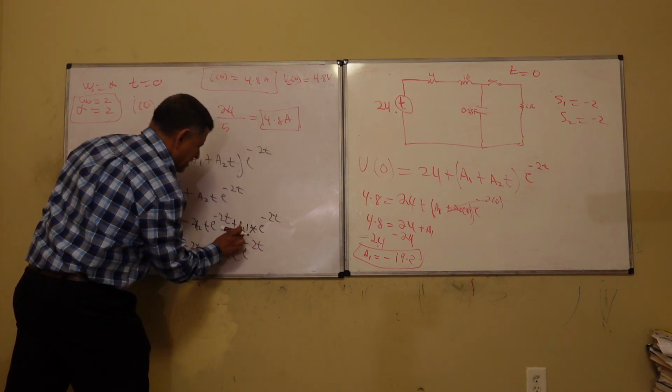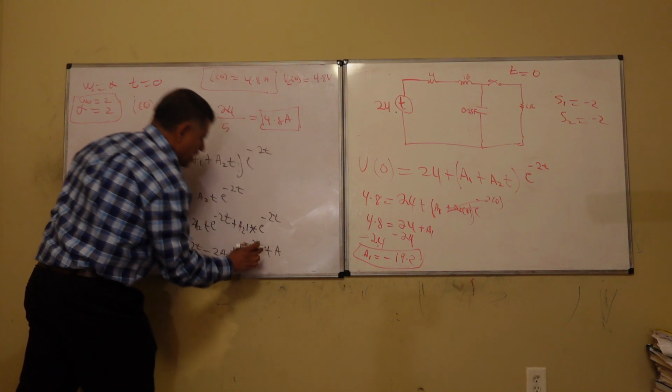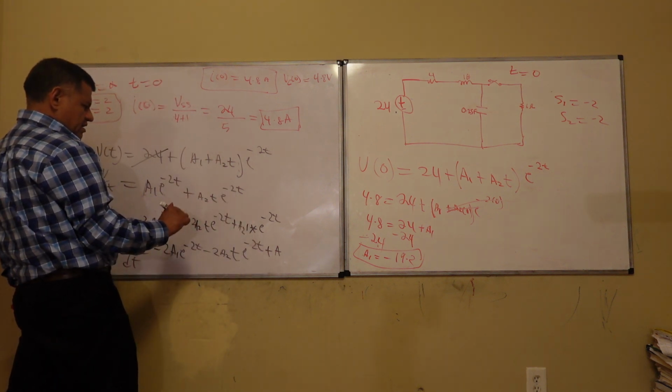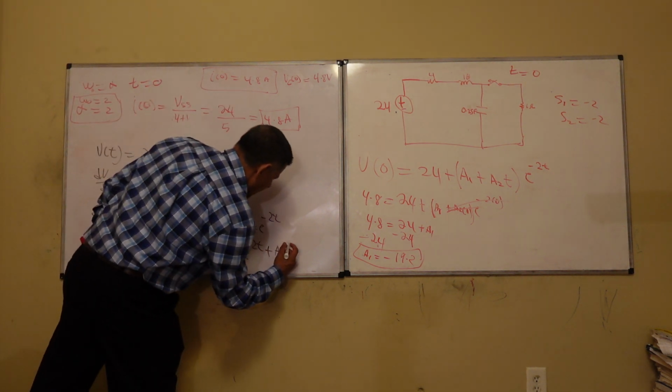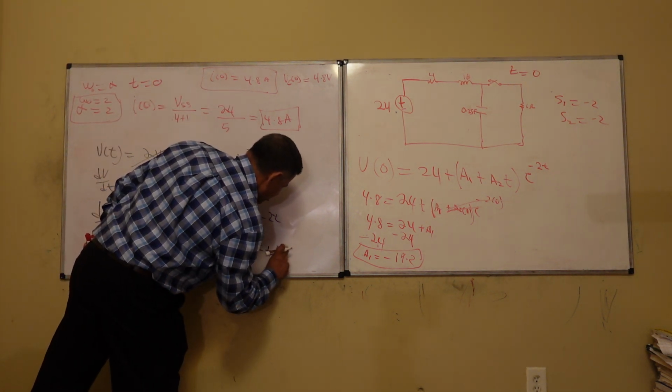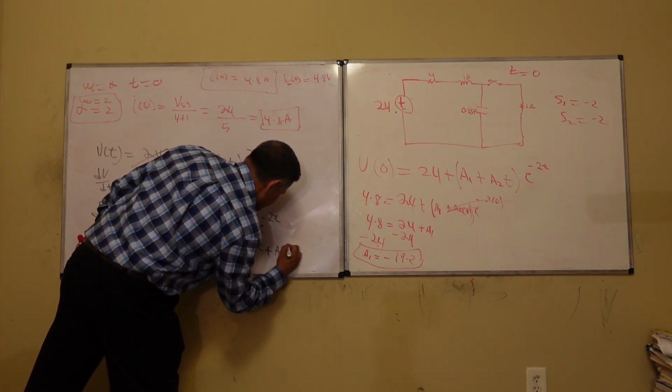I put that A2 right here, so plus A2 times e to the 2t.